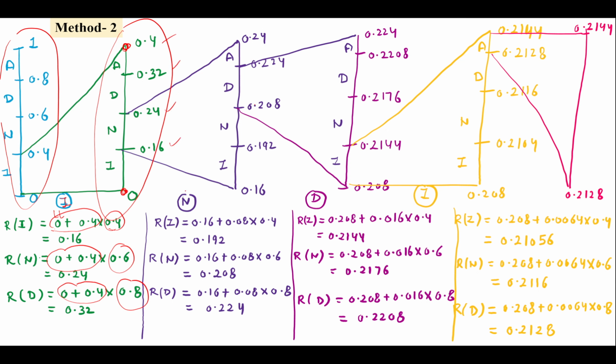Okay, so we have done I. Now we come to the next letter, N. Again this is the same in all the calculation; only the probability changes. What is this formula? This is the lower limit, this is the difference, and that is the probability of the letter.